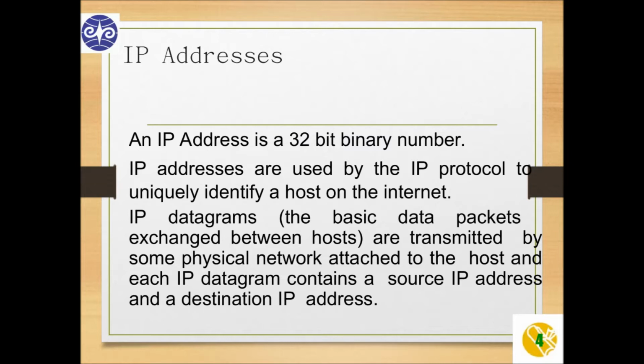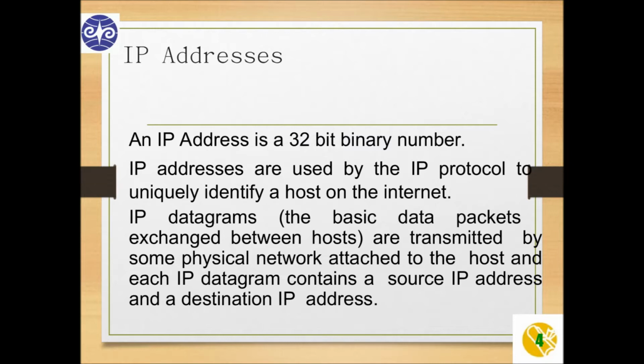Next point, IP datagrams, the basic data packets exchanged between hosts, are transmitted by some physical network attached to the host, and each IP datagram contains a source IP address and a destination IP address. Every packet which is transmitted from sender to receiver must contain the address of the sender and the address of the receiver.